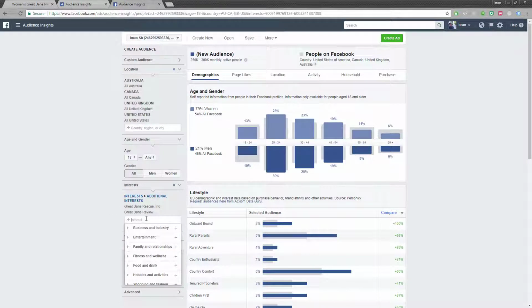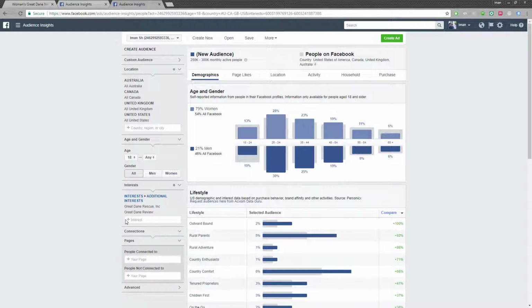Let's go ahead and look for popular dog magazines, or let's look for more dog related organizations. So I'm just going to type in dog. I'm going to type in Great Dane. There's nothing else for Great Dane since it's such a small niche.